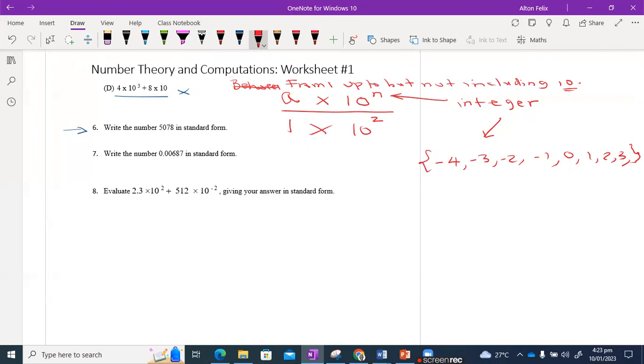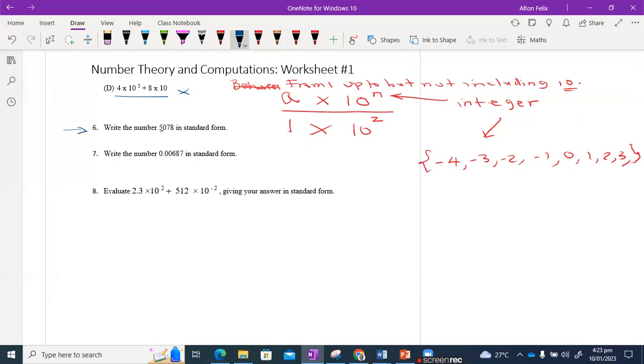Now, how do we tackle this question given? First of all, let's make this number a number from 1 up to, but not including 10. To do that, you put your point right here, 5 point something. Are you seeing that?